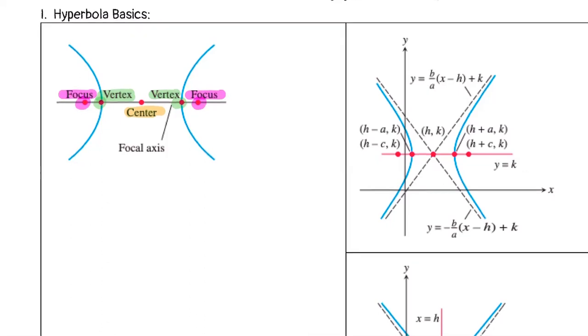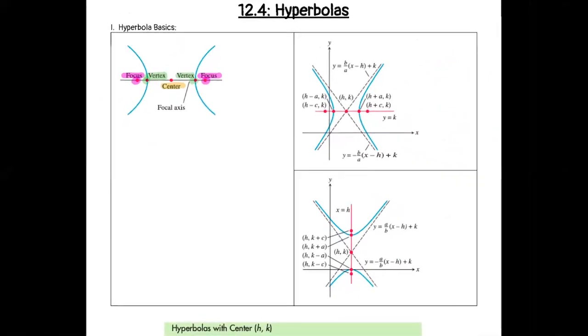Now you can have hyperbolas that open side to side, like this top case, or we can have hyperbolas that open up and down, okay? So kind of like the parabola, you can open side to side or up and down.